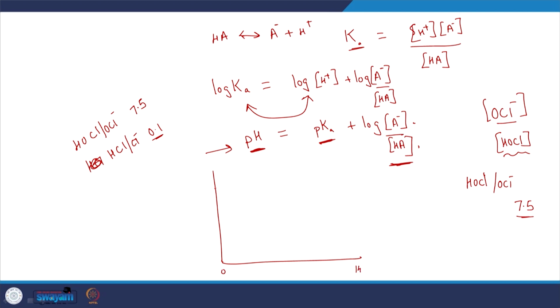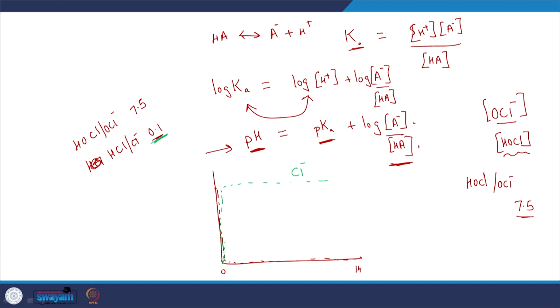What does this mean if it is 0.1? It means that for almost all the range of pH, as soon as I add HCl, it is going to deprotonate and stay as Cl minus, meaning it will almost always give out the H plus.